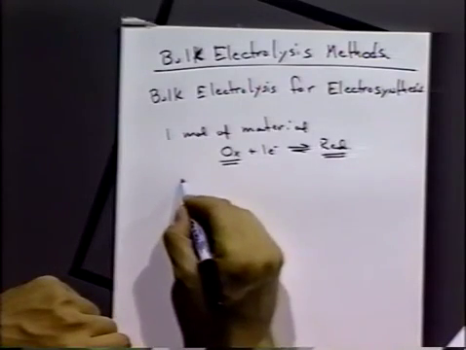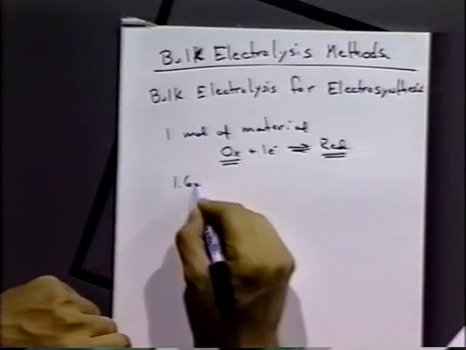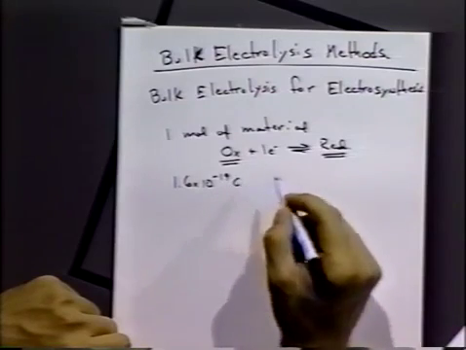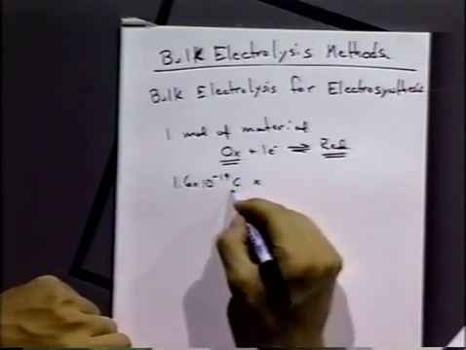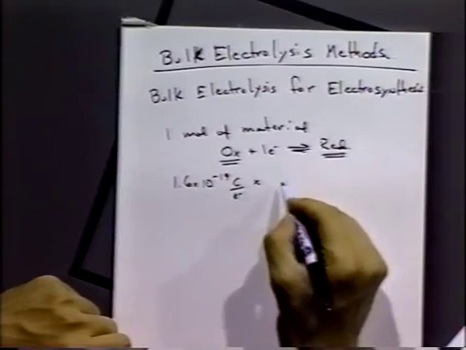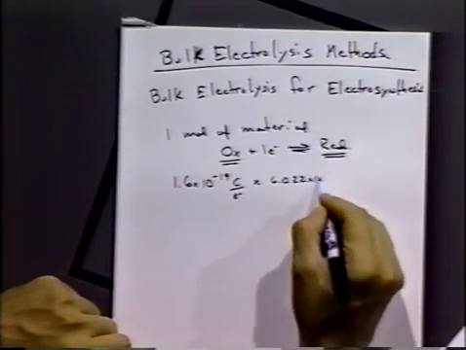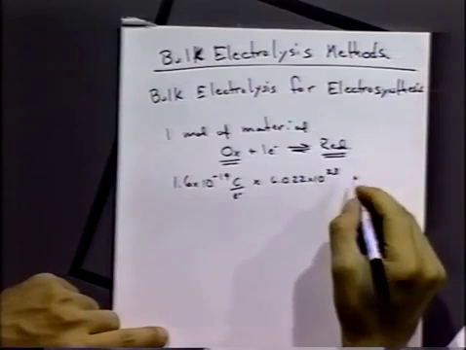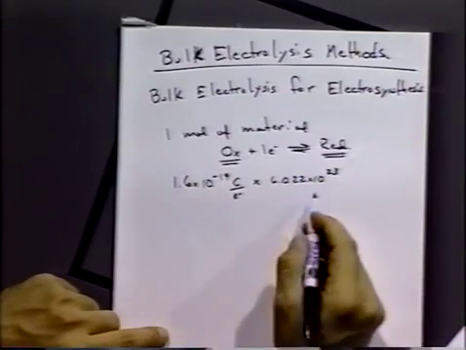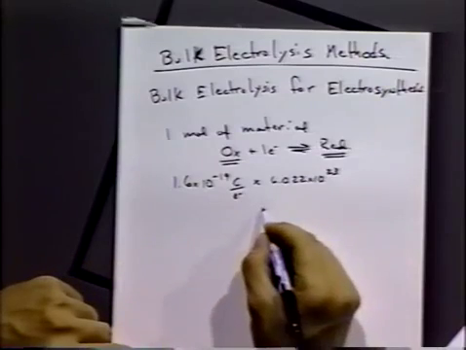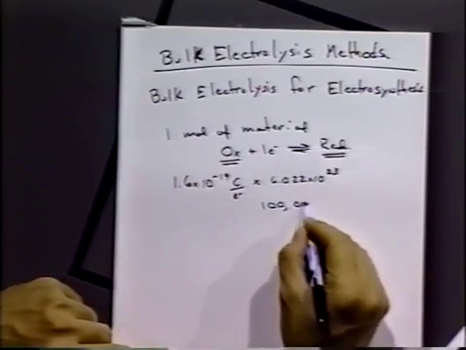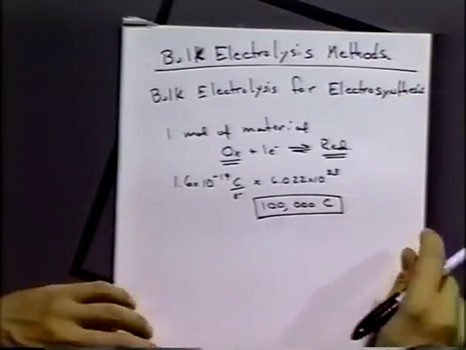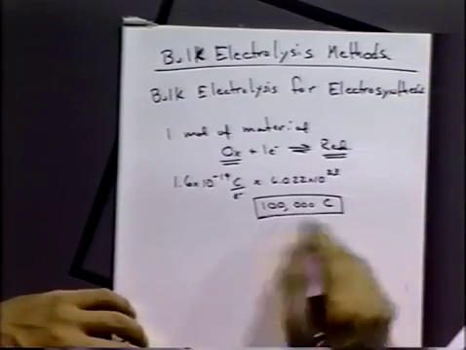Now, 1 mole of electrons is the charge on an electron times a mole, and that's going to be about, let's suppose, I'm just going to round it to about 100,000 coulombs of electricity. Not exactly, but close enough. Let's suppose we need 100,000 coulombs of electricity.